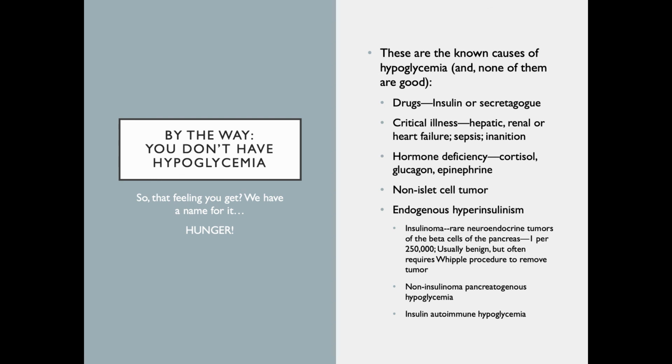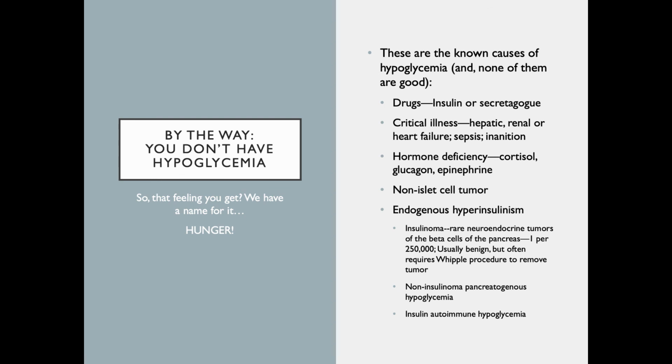So associated with diabetes, right? We can also see hypoglycemia in critical illness, sepsis in particular, renal failure, heart failure, those kind of things. Hormone deficiencies like hypocortisolemia. We see it with epinephrine infusions. Those kind of things are in sick patients.